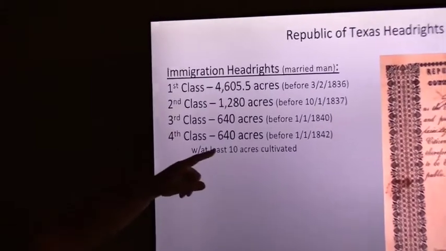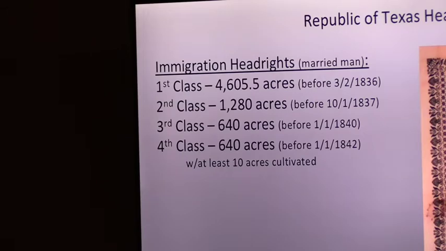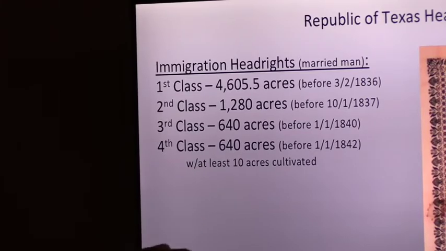And if they showed up a little later, we'll give them 1,280 acres, because they still wanted to attract people. And if they showed up even later, we'll give them 640 acres, and if they showed up even later, they gave them the 640 acres, but they actually had to go there and cultivate 10 of those acres with something.